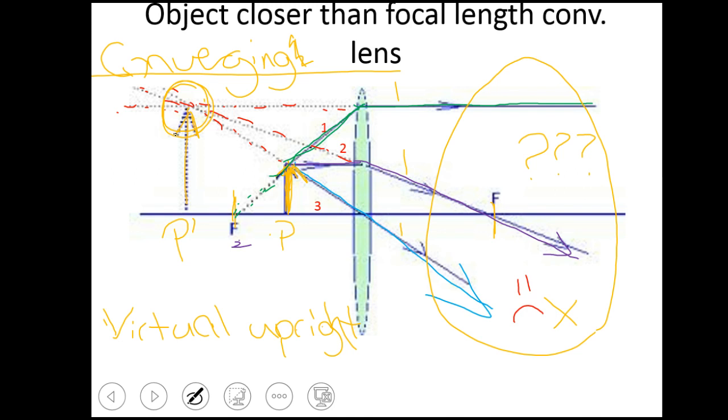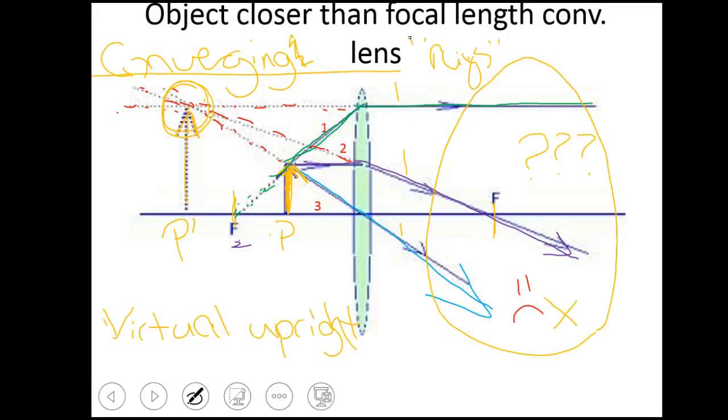Now, it might seem weird that these rays don't actually converge. I can't focus them on a screen, so what good is any of this? Well, these kinds of lenses are actually what make our magnifying glasses and telescopes and microscopes.